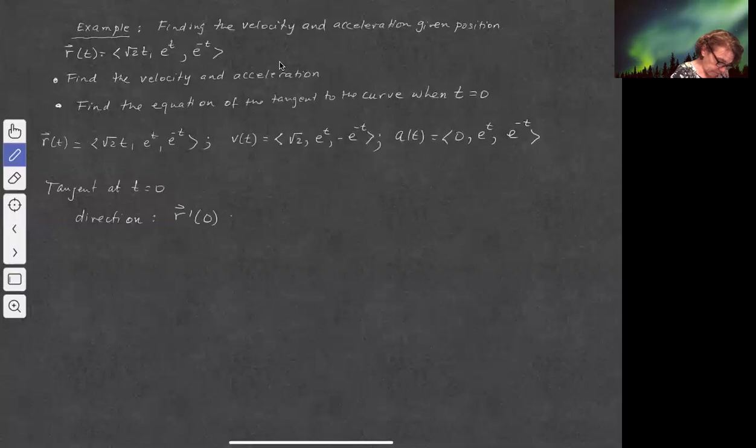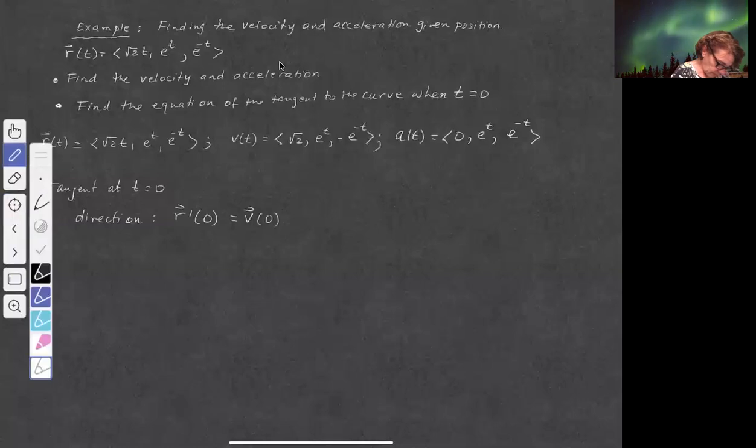So r prime of 0, or v(0). And we have that direction because we can go above and compute it. So it's going to equal square root of 2, 1, and minus 1. So that's the direction.